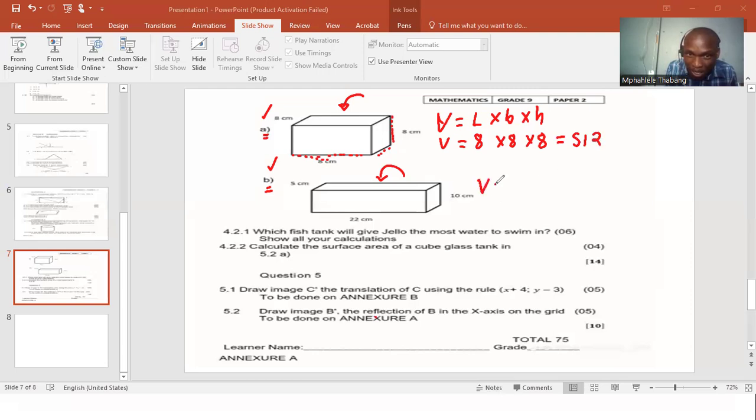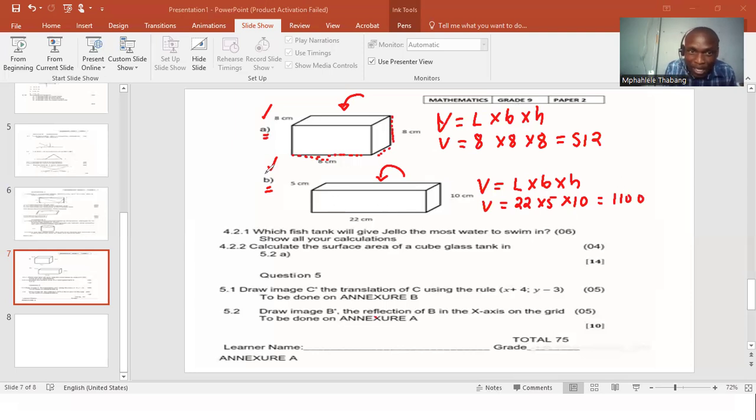The next one, length times breadth times height. What is the volume for this one? It is 22 times 5 times 10, which is 1,100.